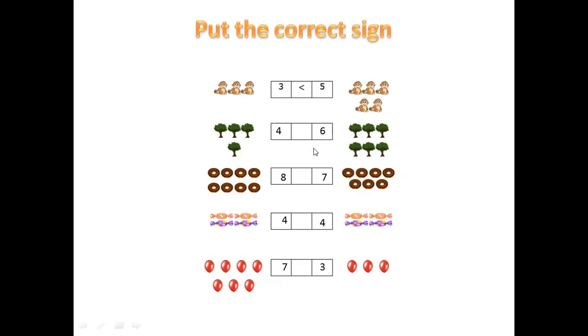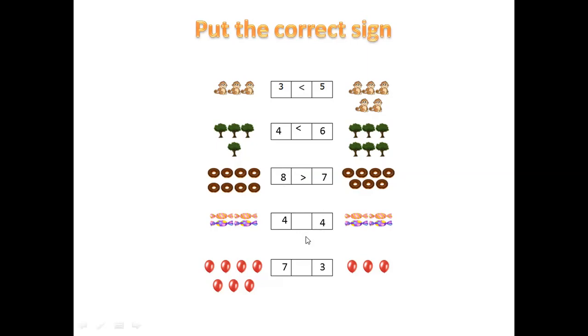What will it be? 4 is less than 6 because 6 is the greatest number. Then 8 is greater than 7 because 8 here is the big number, greater number.